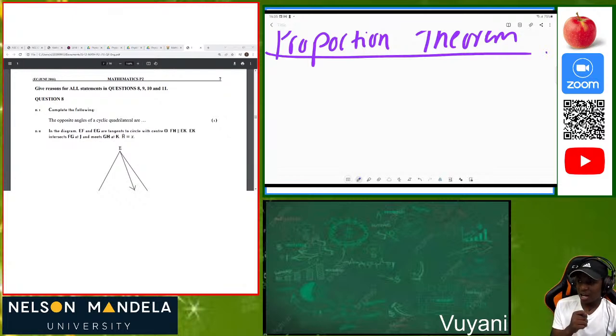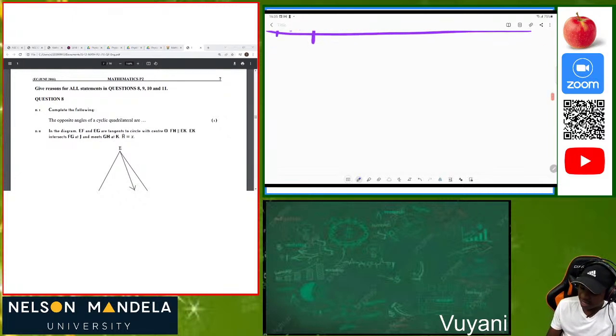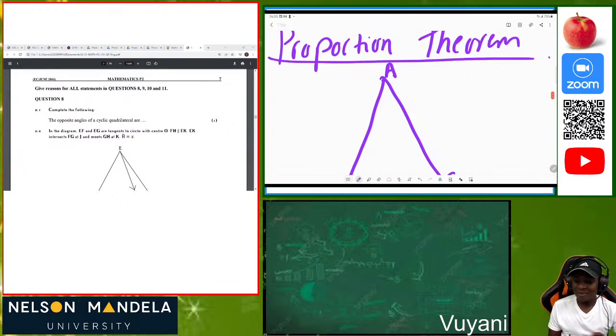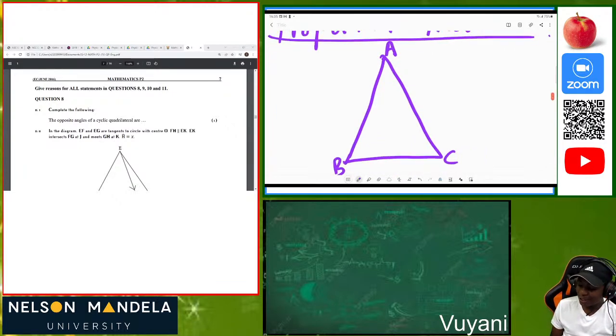So this is my triangle. I have vertices A, B, and C. According to the proportion theorem, if a line is drawn parallel to one side of a triangle, for this case I'll take this one as one side of my triangle. Bear in mind that parallel lines will never meet, never intersect, never touch.